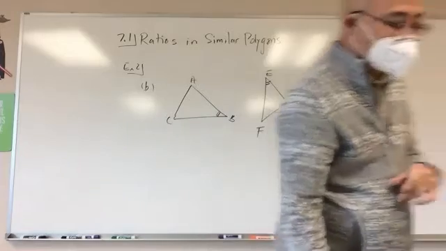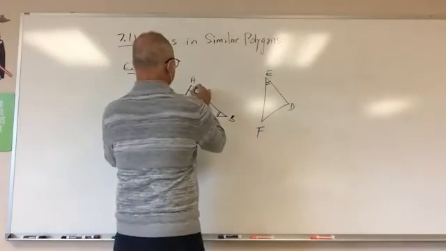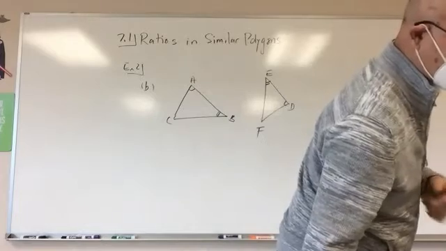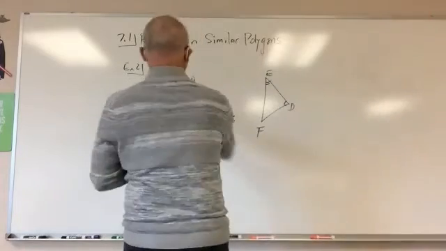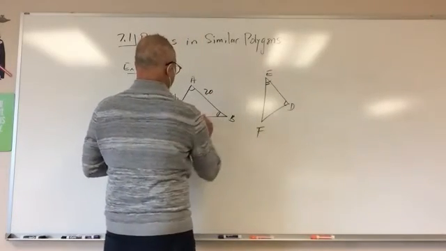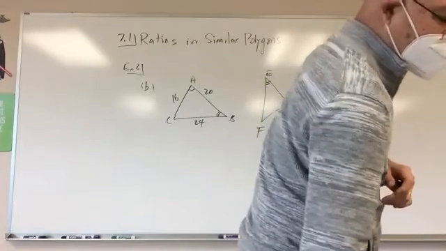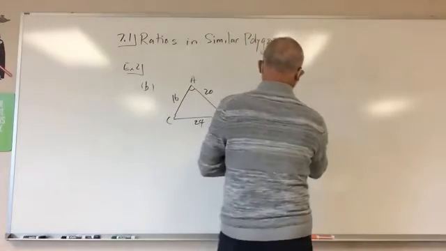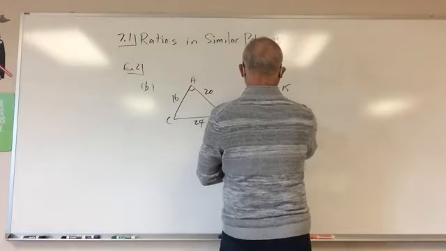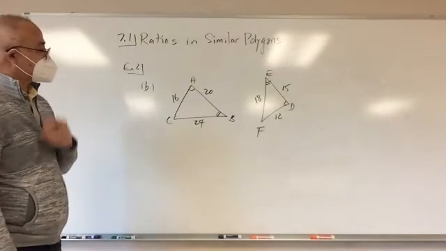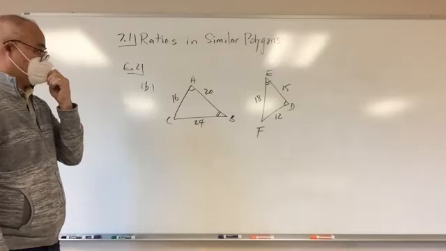And then we are given that this guy and this guy are the same. And the lengths are 16, 20, 24. The lengths over there are 12, 15, and 18. Okay, so the question is, are they similar?